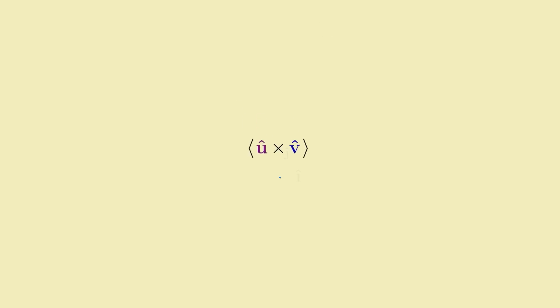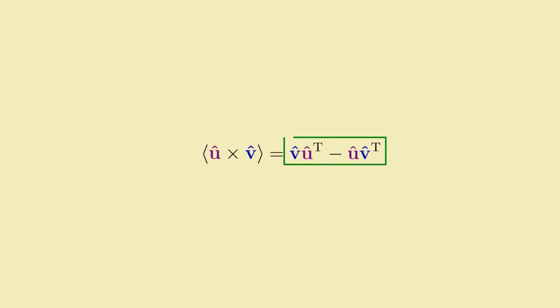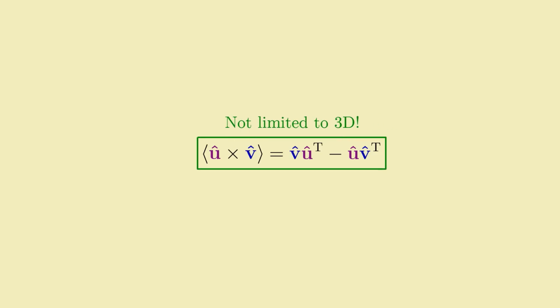But I also want to stress that although the tilt product looks and acts a lot like a cross product, it's really not inextricably tied to it anymore. Since we can express the tilt product in terms of a difference in the outer products of two vectors, and outer products aren't restricted to dimension 3, this formula can actually be applied to any pair of vectors in any dimension.